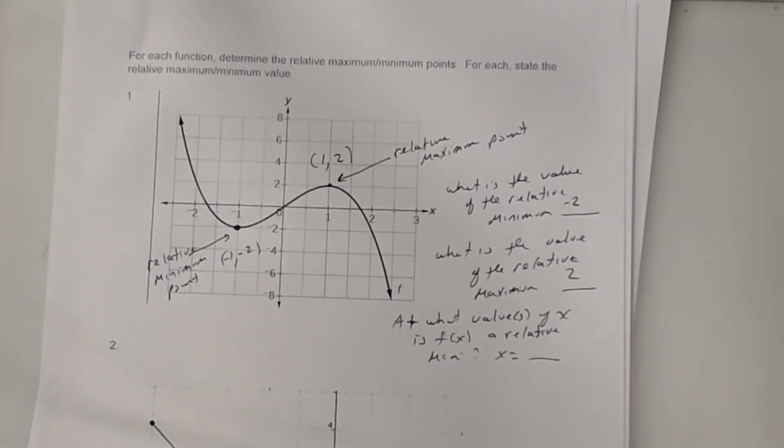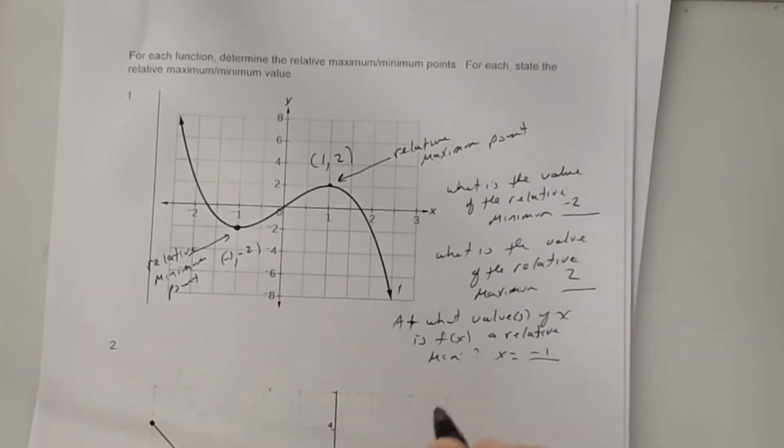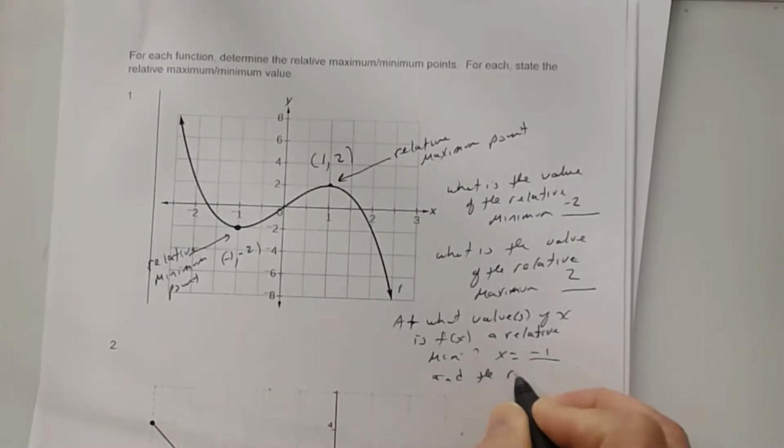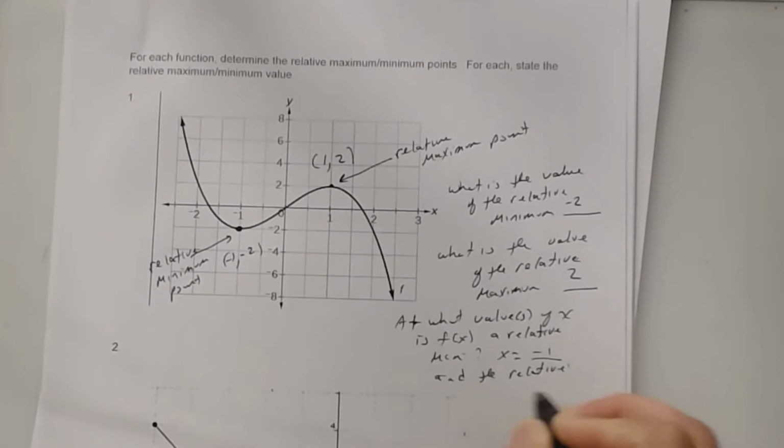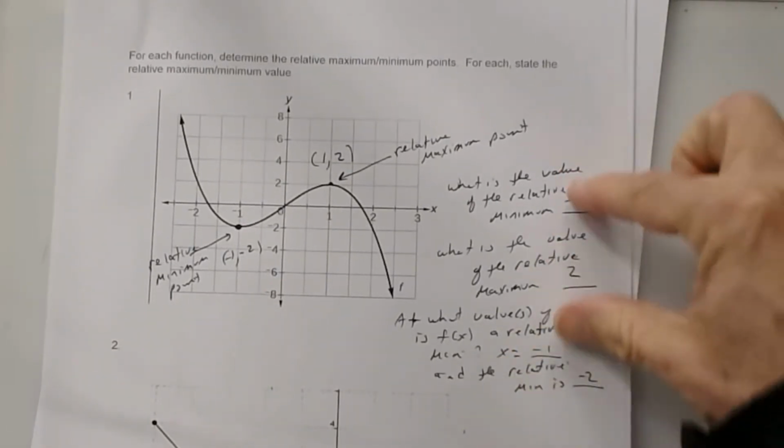X equal what? -1. So it helps if you label that point. Then it says, and the relative min is blank, -2. You understand how this and these relate?